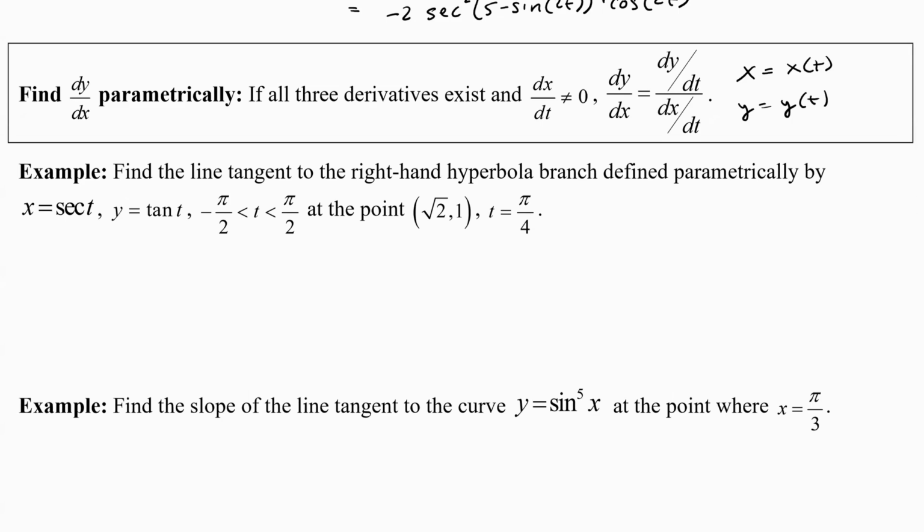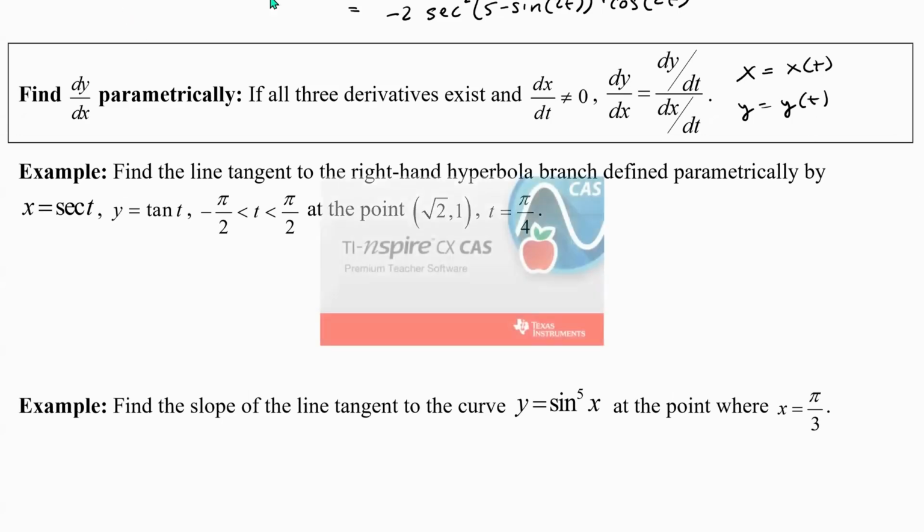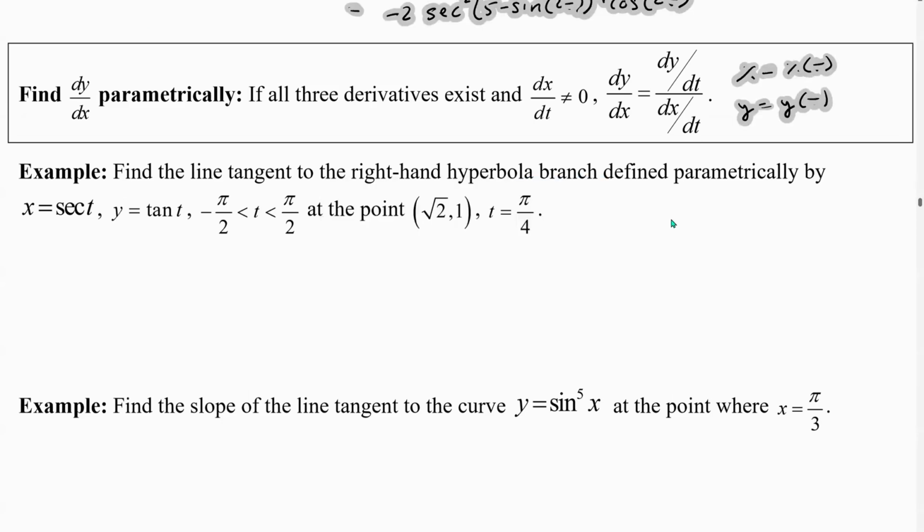It describes the curve as x and y change. These parametric equations can describe curves that we can't describe normally using single variables, like y as a function of x. But we'll take a look and see what happens.